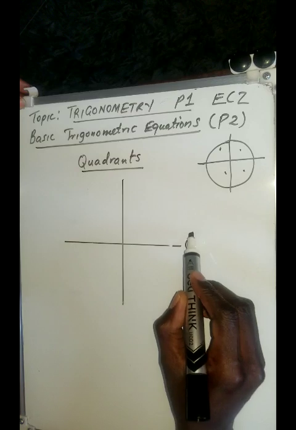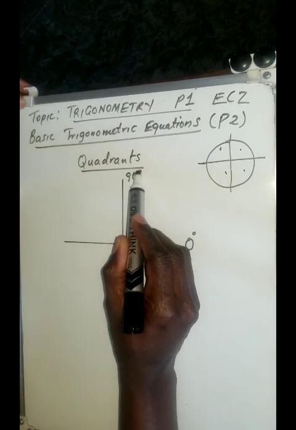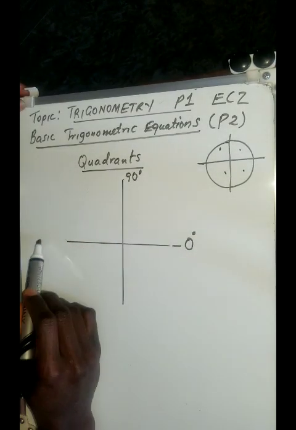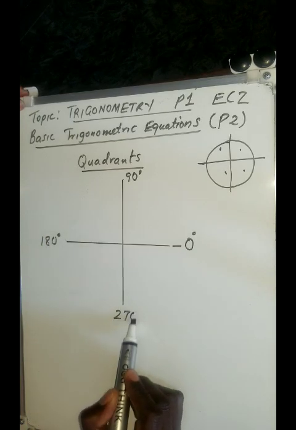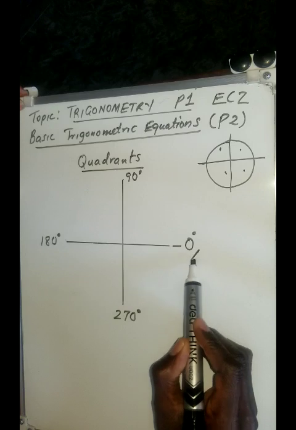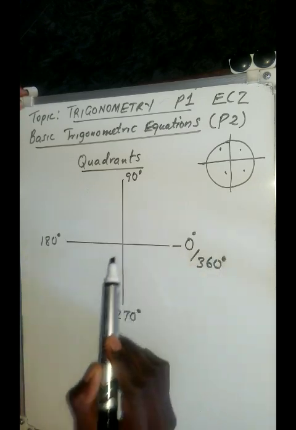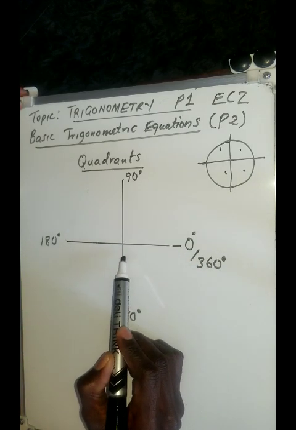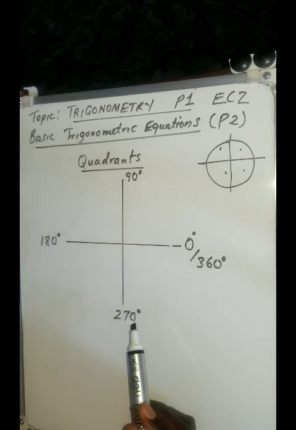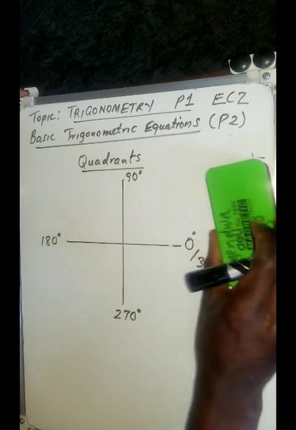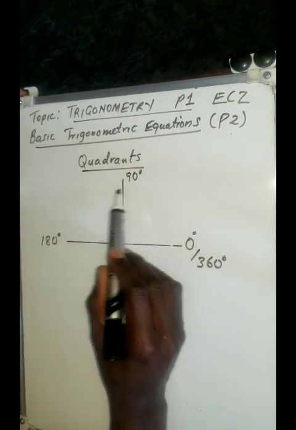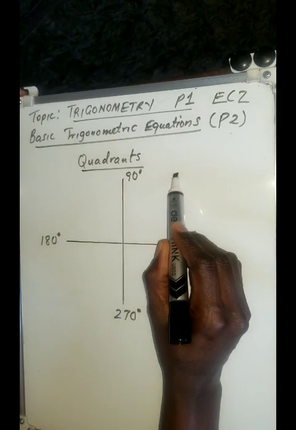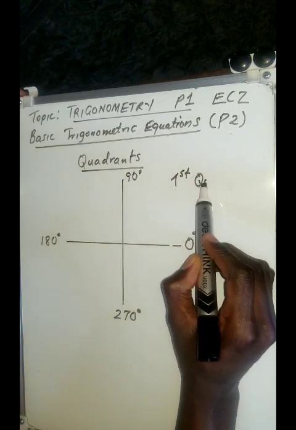So we can say from 0 degrees to 90 degrees, from 90 degrees to 180 degrees, and from 180 degrees to 270 degrees. Then you come back to the same starting point, 360 degrees. Remember, that's a 90, a 90, a 90, a 90. So if the angles are between 0 and 90 degrees, they fall into what we call the first quadrant.